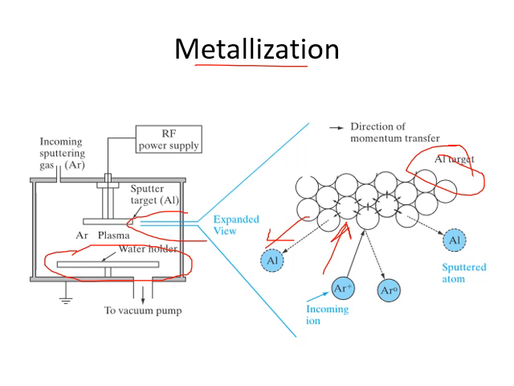This part is zoomed and shown here, showing how the particles are moving because of bombardment of the argon ions. The aluminum atoms escape because of that energy, and they stick onto the wafer, throughout the wafer.